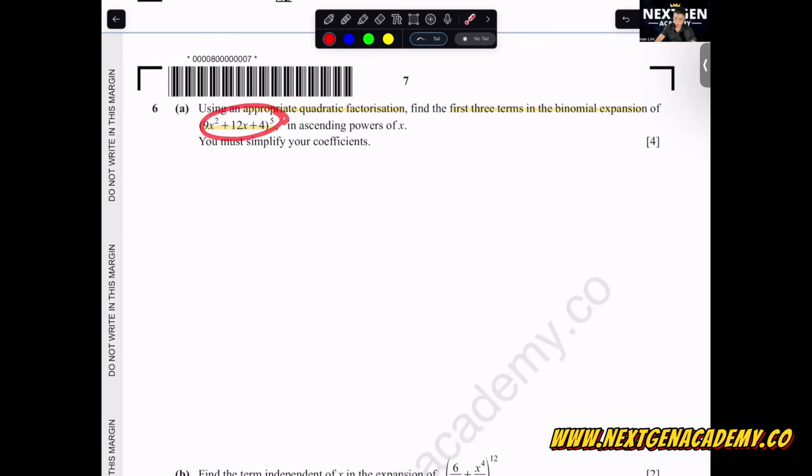First, we have to use quadratic factorization for 9x squared plus 12x plus 4. How to factorize this? We will get 3x plus 2, 3x plus 2, which can be written as 3x plus 2 squared. Then, since this can be written as 3x plus 2 squared, you raise it to the power 5.